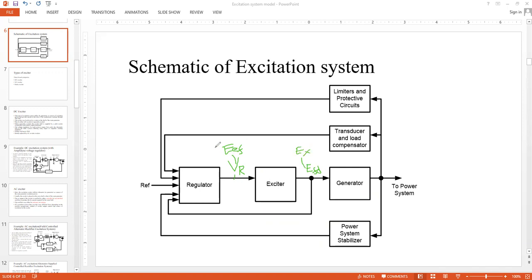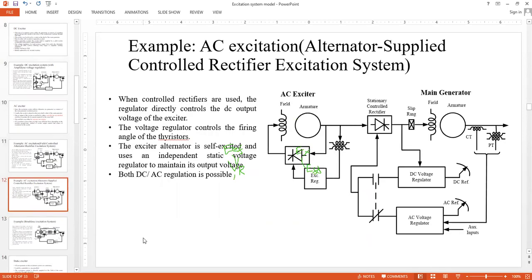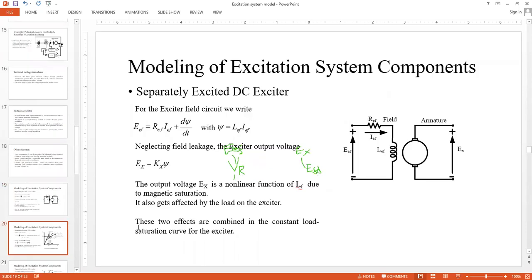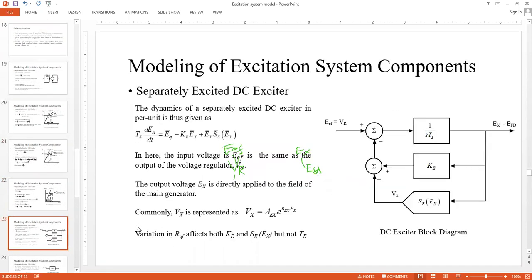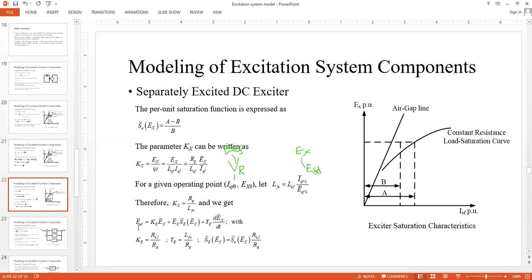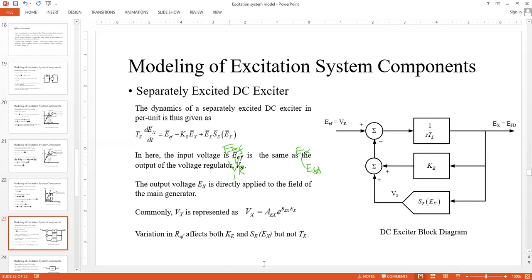So instead of writing EEF and EX, we may also use VR and EFD.